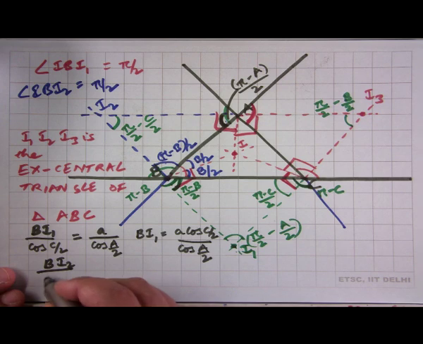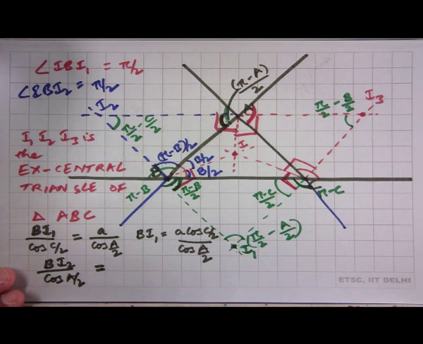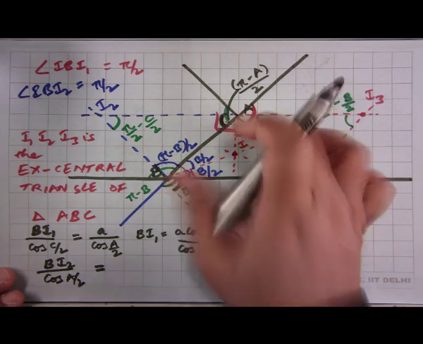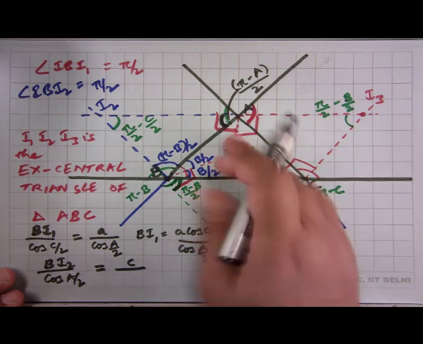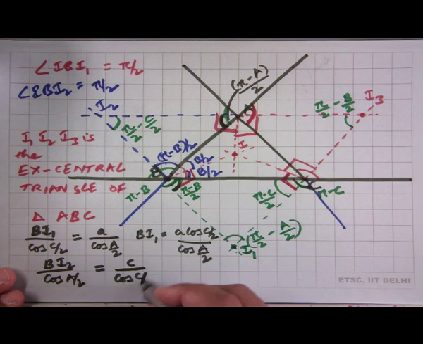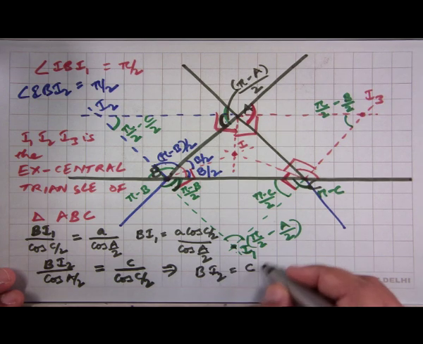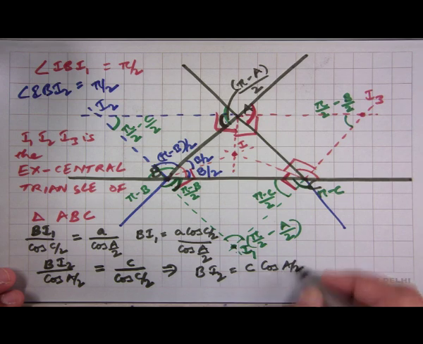So, BI2 over cos(A/2) equals this length c divided by sine of this angle, which is cos(C/2), and from there it follows that BI2 is equal to c cos(A/2) over cos(C/2).